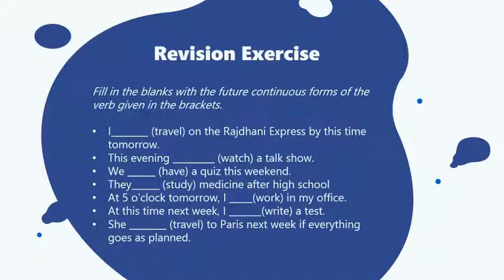Next, they dash study medicine after high school. Next, at 5 o'clock tomorrow, I dash work in my office. Second last, at this time next week, I dash write a test. Last sentence, she dash travel to Paris next week if everything goes as planned.